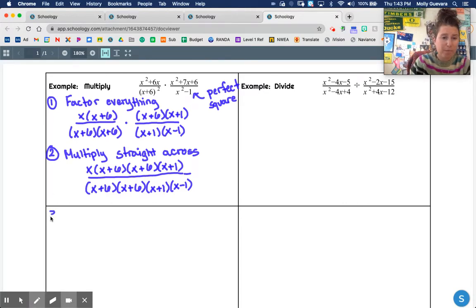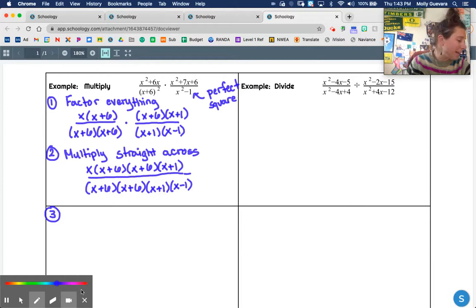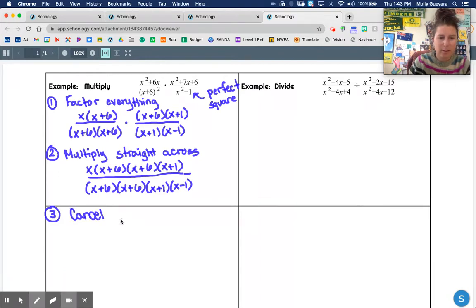Okay. Then the third step, my last step here, is to cancel, right? Cancel my common factors. Anything that's both on the top and the bottom can cancel because that is just 1. So what I'm going to do is I'm going to actually rewrite this whole thing again.